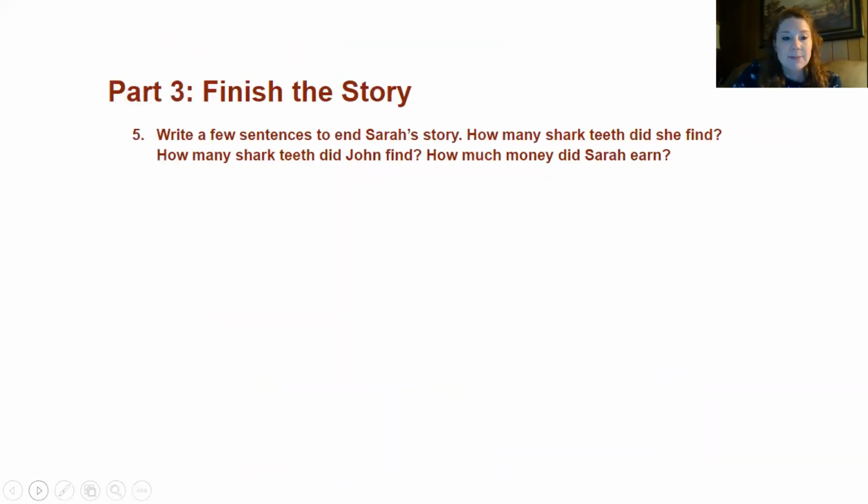So now this is the last part where I finish the story. So I changed Sarah's expression to this. So basically, instead of Sarah getting $5 per tooth, this is how much money I let Sarah get per tooth. She already found 5 teeth.